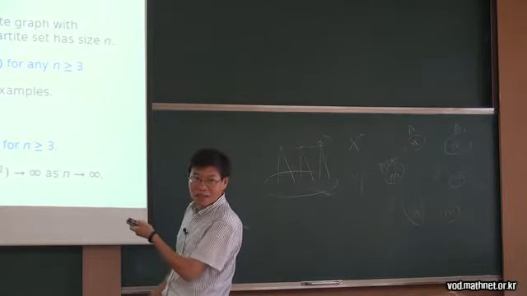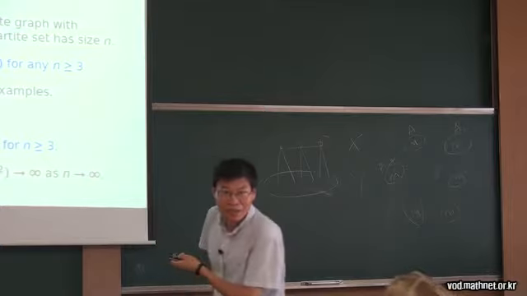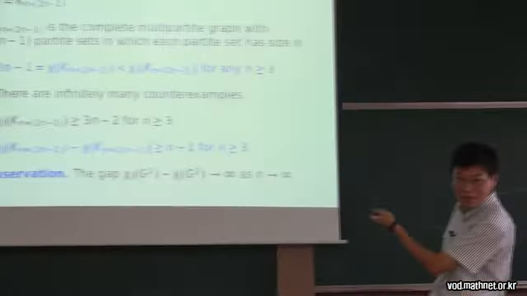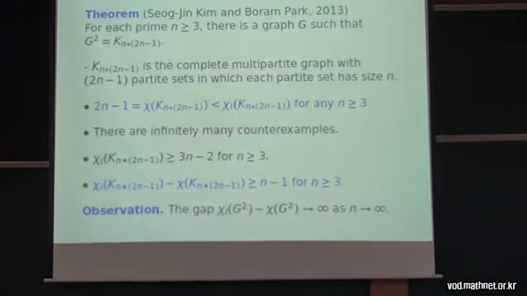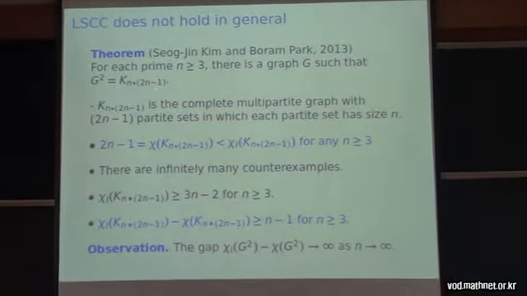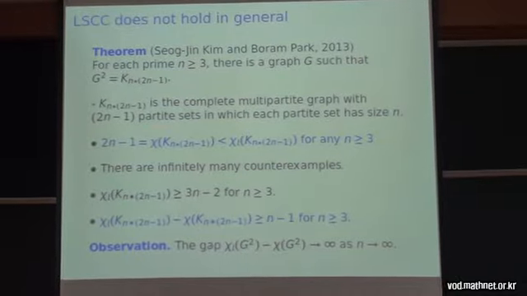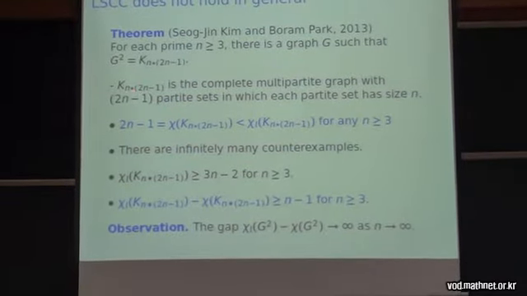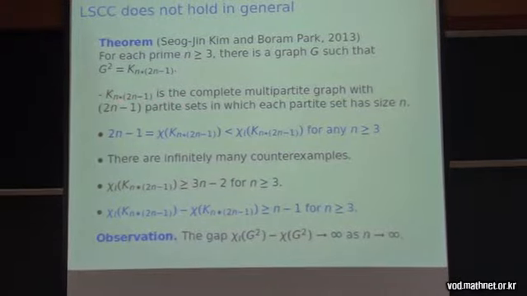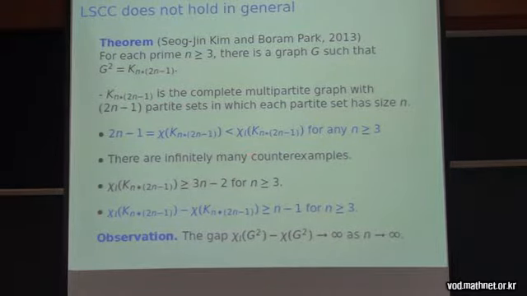It's a well-known fact that this graph is not chromatic-choosable. Also, another fact is that as n goes to infinity, the list chromatic number goes to infinity.